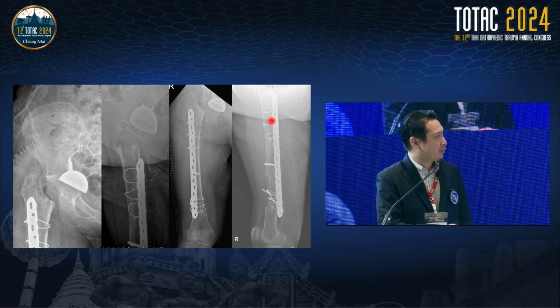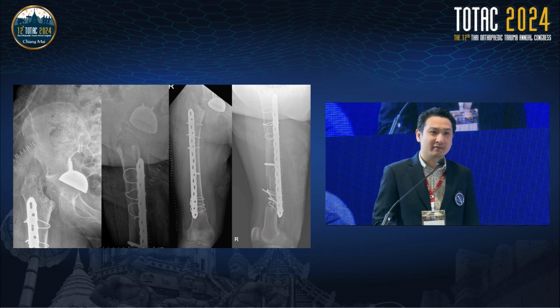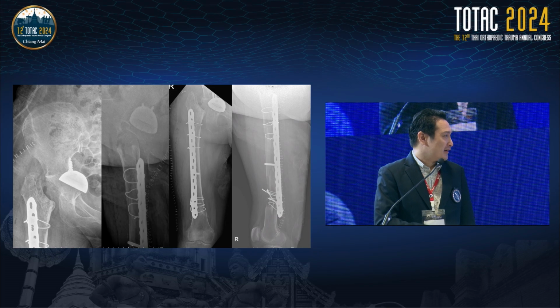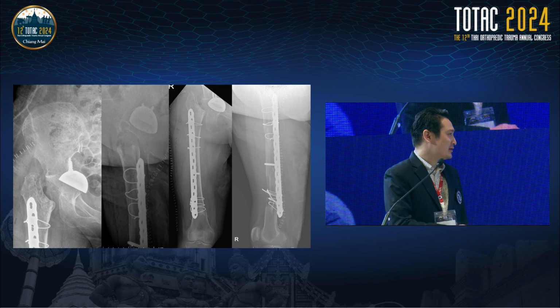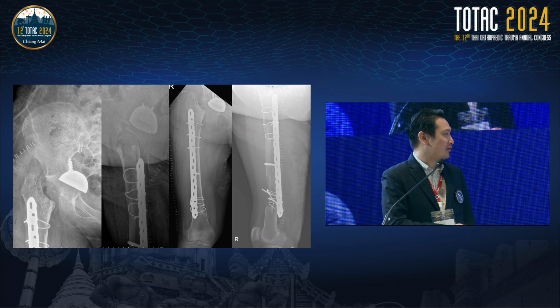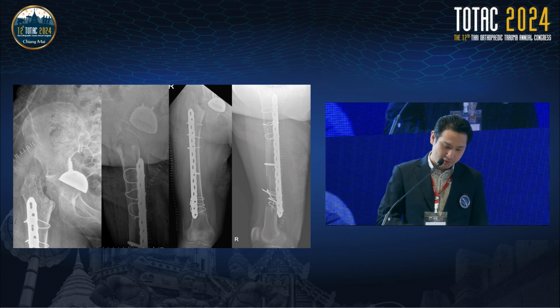So it looks like the bone stock of the femur is only in the trochanteric area and at the distal part of the femur. So we think it is quite difficult for the implant to be stable in this femur shaft. So we decided to do a two-stage operation.